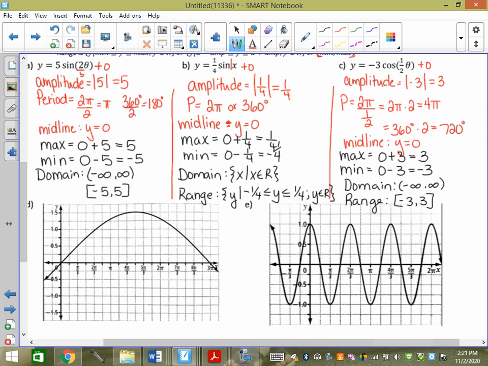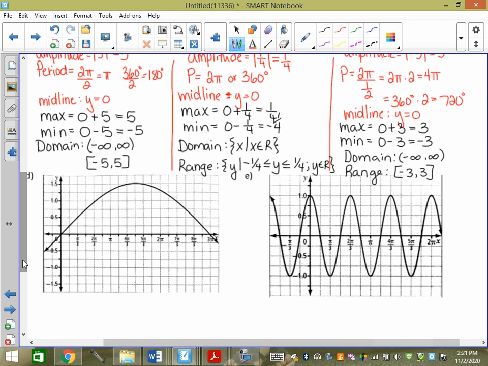Now D, I told you one way that you could actually find the period is if you start at the y-axis, pass to min, pass to max, back to that same height, correct? That was one way. Or you could go max to max, or you could go min to min.